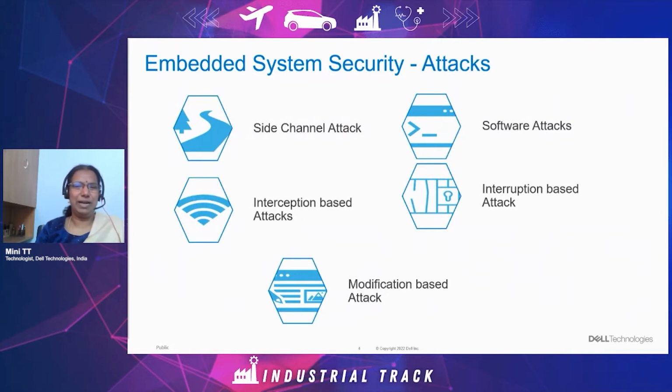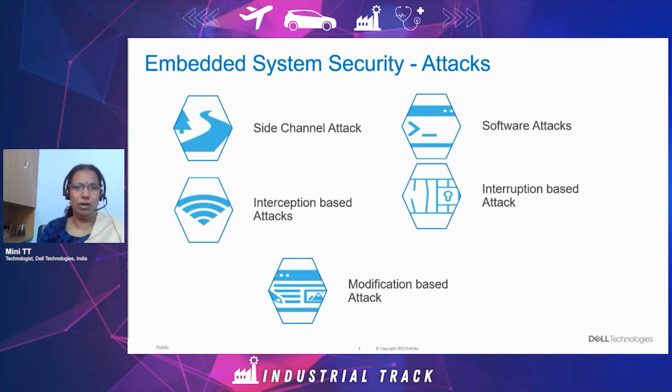So the kind of attacks that can happen in the scenario that we described before, this is a summary. I'm not getting into the details of the attacks. Categories could be side channel based attacks, or interception based attacks where somebody is taking the traffic somewhere on the communication line, which could result in information disclosure or privacy concerns. Or it could be software based attacks, like HTTP, HTTPS or SQL injection kinds of attacks.